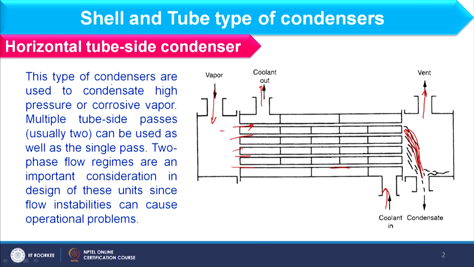This type of condenser is used to condense high pressure or corrosive vapor. As far as horizontal and vertical placement is concerned, it depends on how much duty you are dealing with. If the duty is large, you should select horizontal orientation.